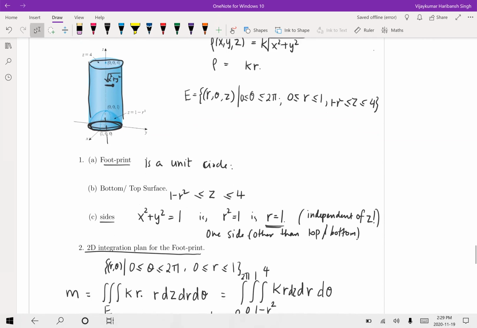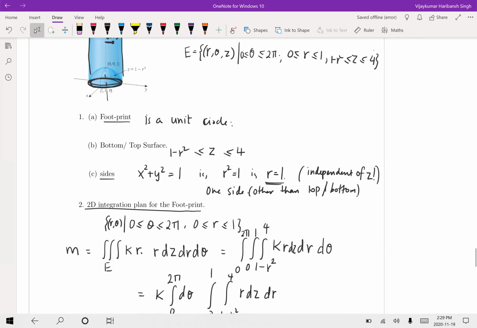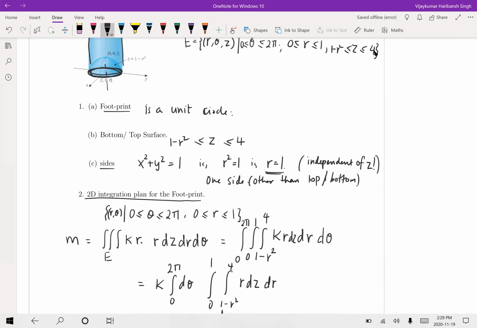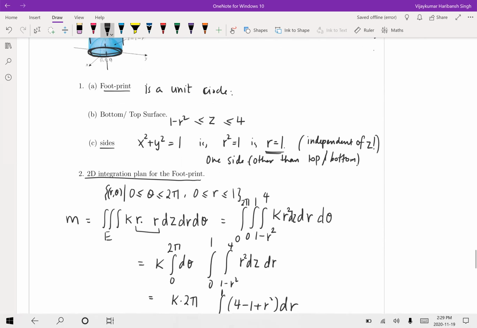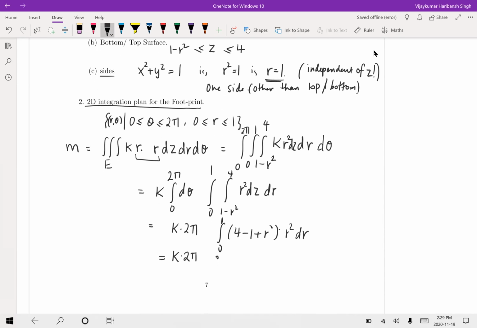The density is proportional to distance, so we get r. We had r here, so that basically makes it r squared. So this will be multiplied by r squared. That will be 3 plus r squared times r squared, from 0 to 1.